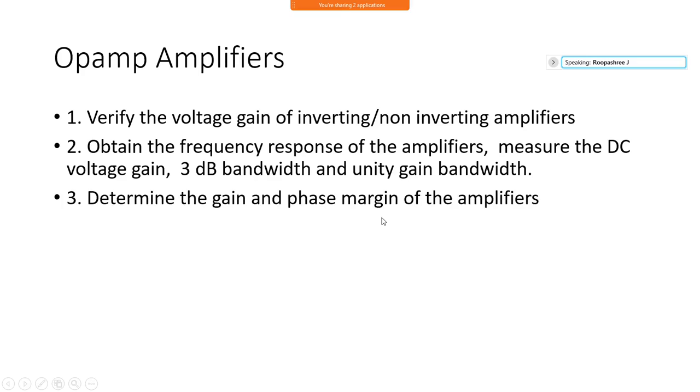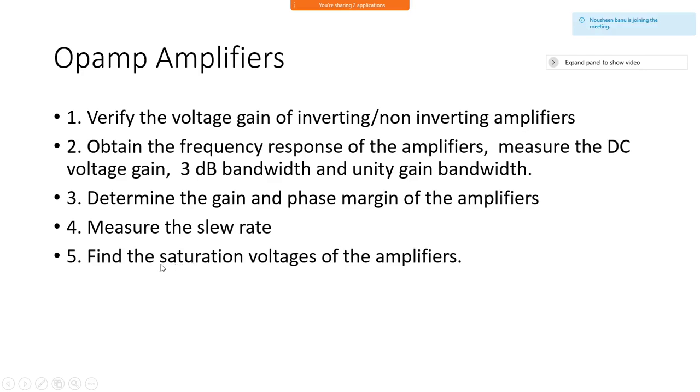Yes, sir. Okay, next is to determine the gain and phase margin. This is a bit tougher at this point of time. Then measure the slew rate, and then find the saturation voltage of the amplifier. So we can find out the maximum output voltage an operational amplifier can give for the applied supply voltage.